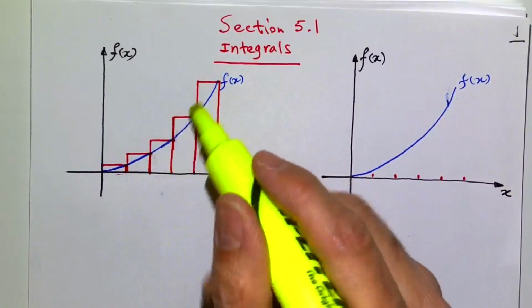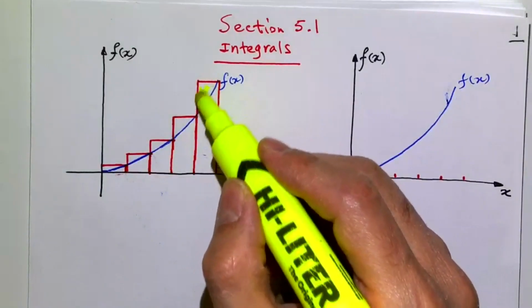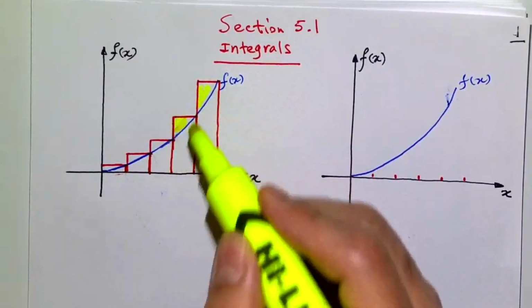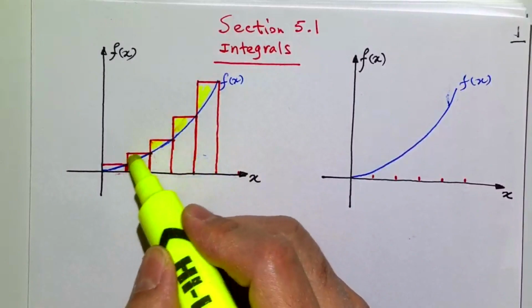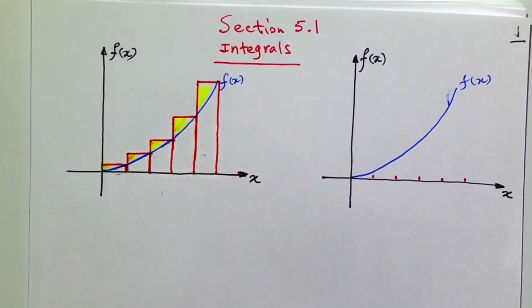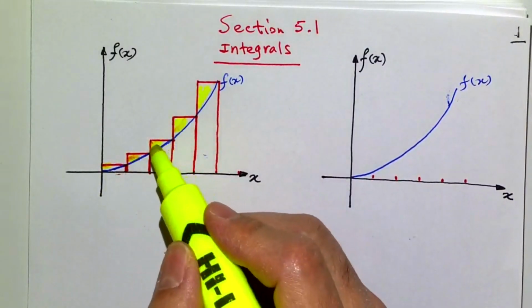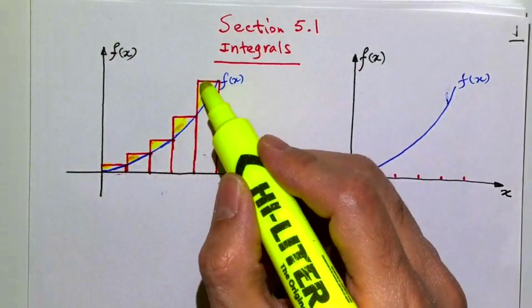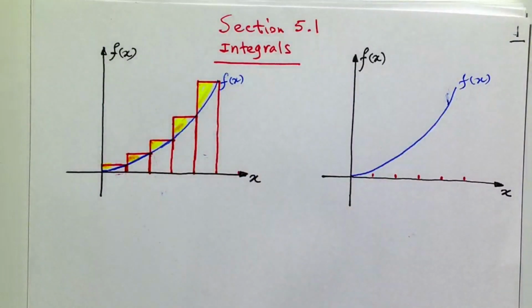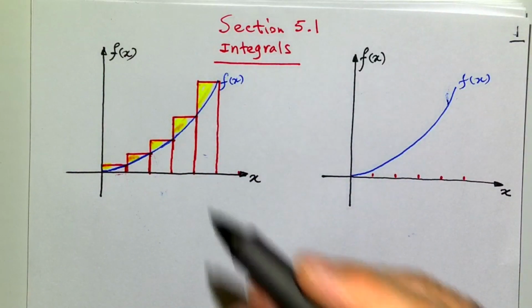These regions that are outside, above the curve, which we don't want, right?